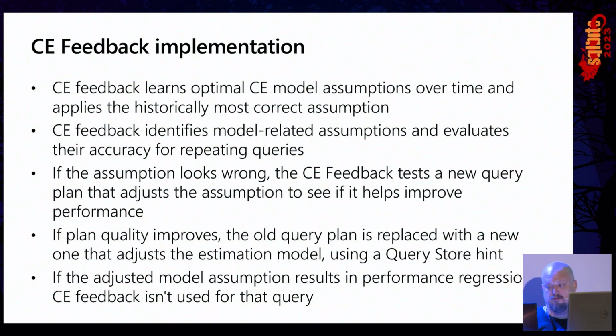If the model improves plan quality, the old query is replaced with a query plan that uses the appropriate, guess what? Query store hint. That is the mechanism it uses to adjust the model. So it's using that technology that we showed very early on to implement the CE feedback solution.